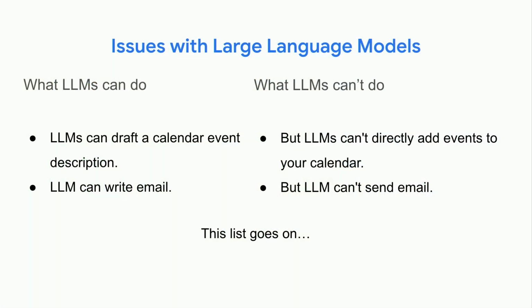But if you want to perform any action or automate some stuff, it is not possible using just the base model. Large language models are just base models. What you need is tools integration so that it can perform certain actions. And just like that, you can create a calendar description on how you need to send it to your clients, but you can't create the calendar invite directly. You can just create the description or design it, right?